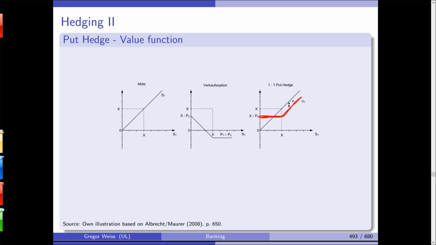Just like in our example, I had to pay 6 euros to enter this put contract with you in the first place. So it costs you a little bit to get the hedging effect, but you can minimize risk.